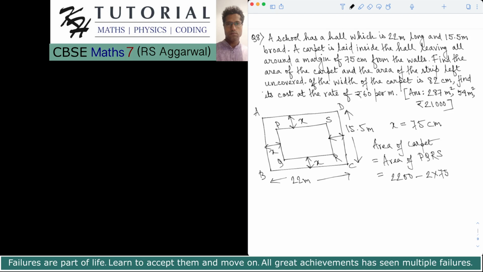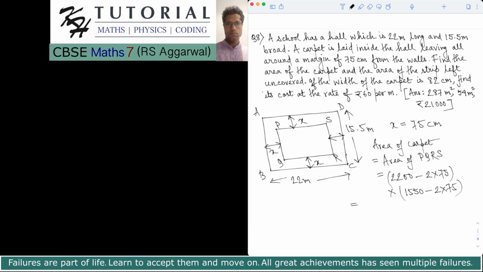This is the length of the rectangle PQRS, multiplied by the width of the rectangle PQRS, which will be the width of the hall, which is 15.5 meter, which becomes 1550 centimeter, minus 2 times the width of the margin.